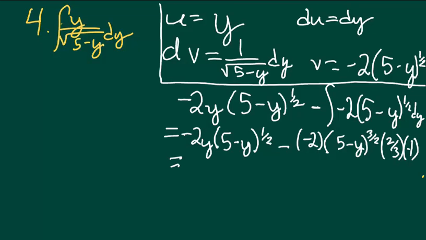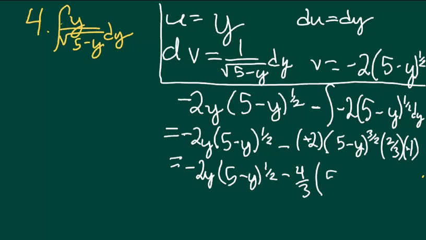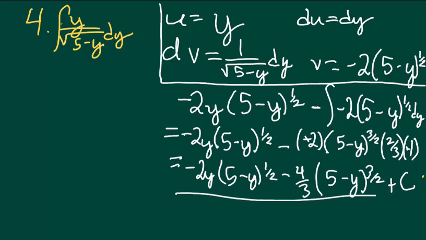So now we simplify, and that's just going to be negative 2y times 5 minus y to the 1/2 minus, the negatives cancel here, 4/3 times 5 minus y to the 3/2 plus c. And there is your answer.